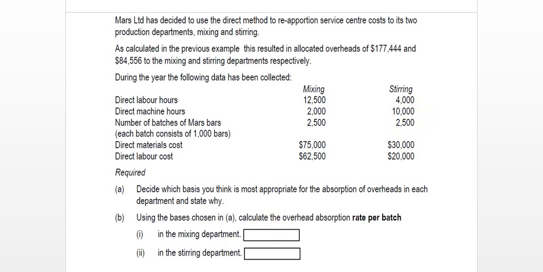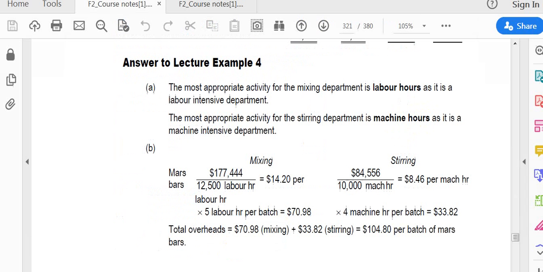These we multiply by the OAR that we got earlier on. In the mixing, we had 14.20, so 14.20 times 5 will give us $70.98. And in the steering, we had 8.46 times 4, which will give us 33.82.